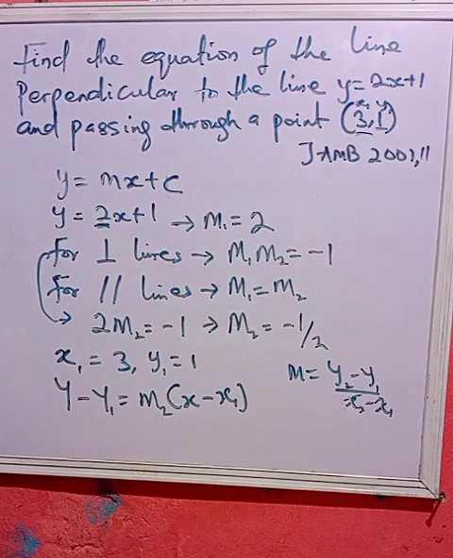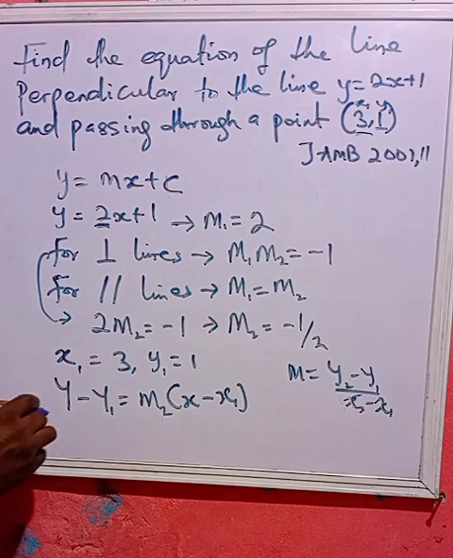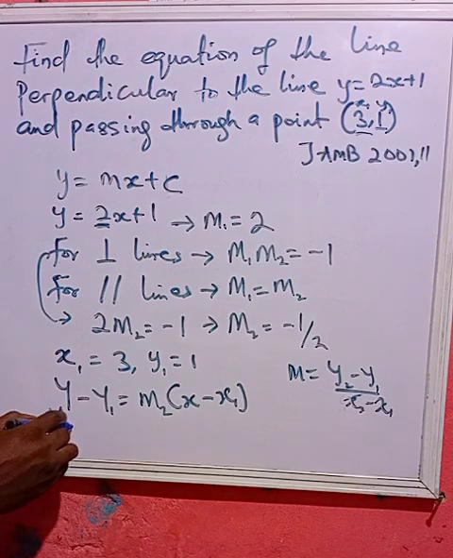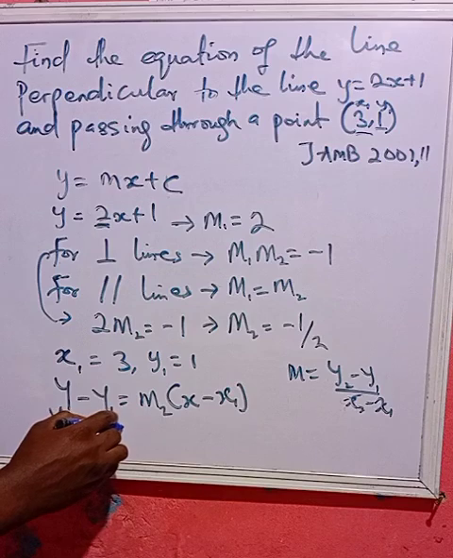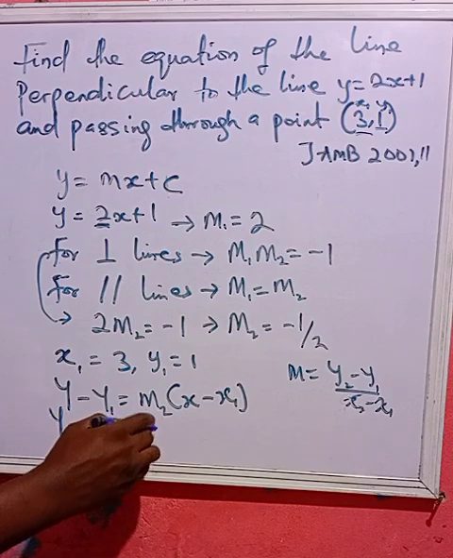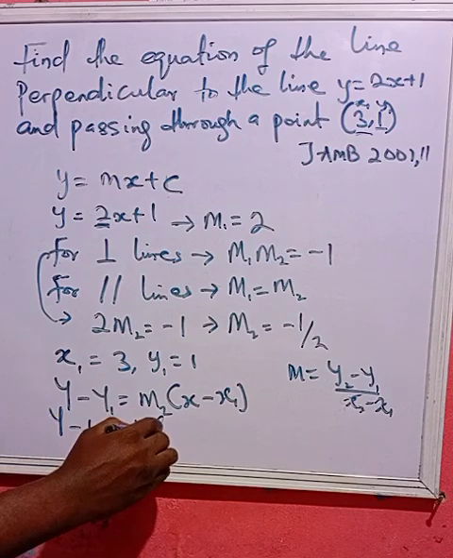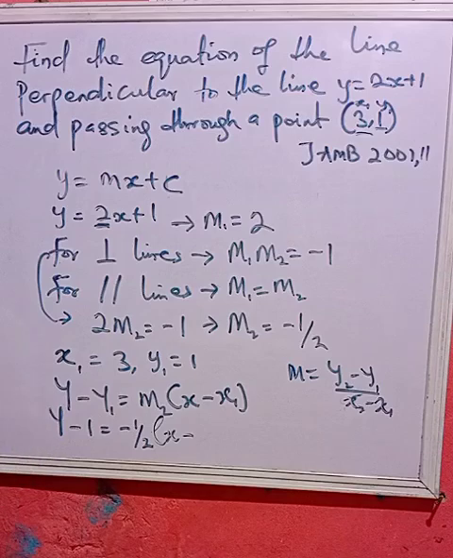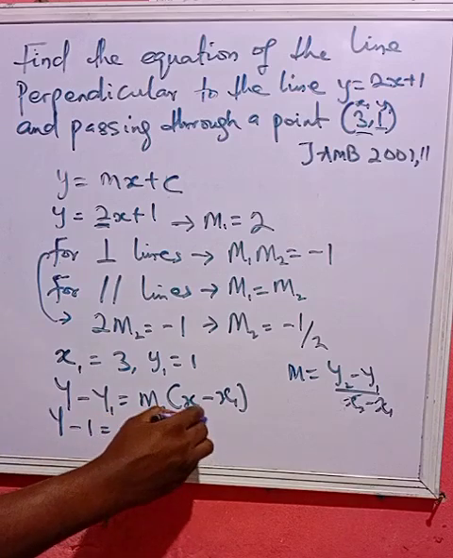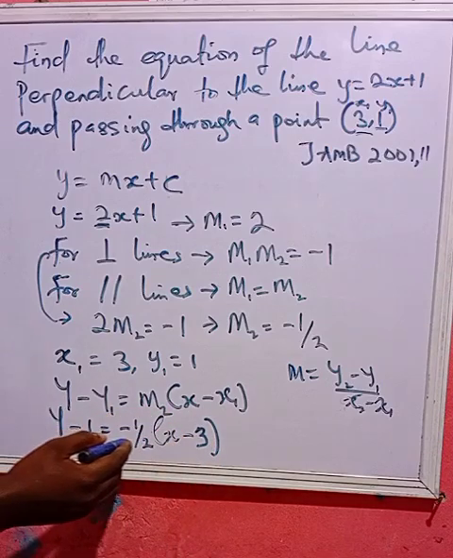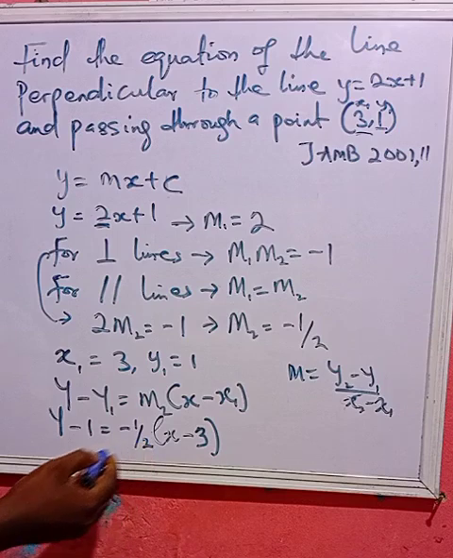All right, so we represent our values. We are looking for the straight line equation. So this is y minus 1 equal to minus 1 over 2, which is our gradient, into bracket x minus our x1, which is 3. So we can cross multiply using 2.